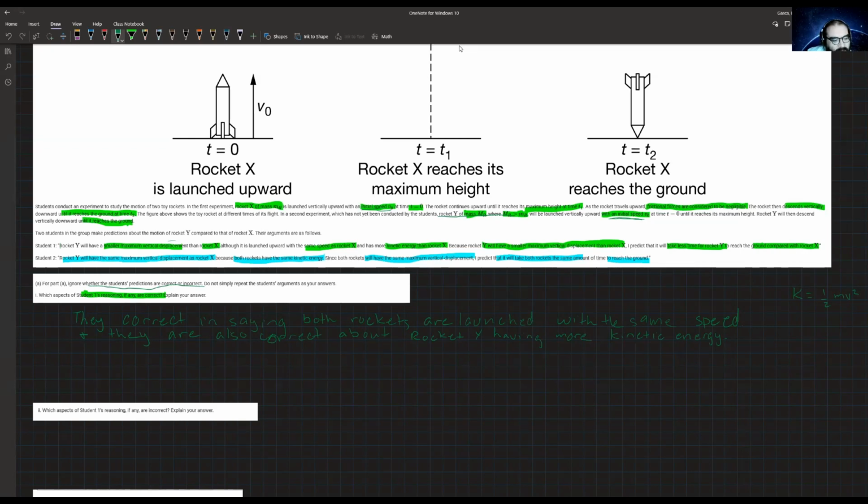Which aspects of student one's reasoning, if any, are incorrect? And then I think we have to explain our answers. Since kinetic energy depends on the mass, and rocket Y has a larger mass.